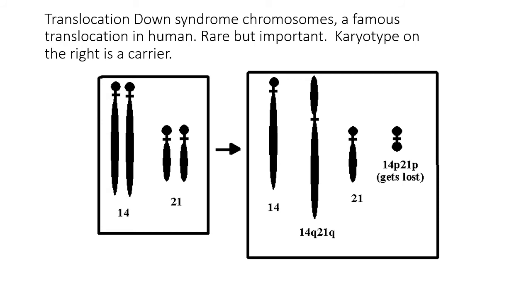Now that person still has the right amount of genetic information. They've got two copies of everything on chromosome 14, and they've got two copies of everything on 21. So they've still got the right amount of information, even though the number of chromosomes has actually changed. This person has 45 chromosomes instead of 46 because those two chromosomes have fused into one.